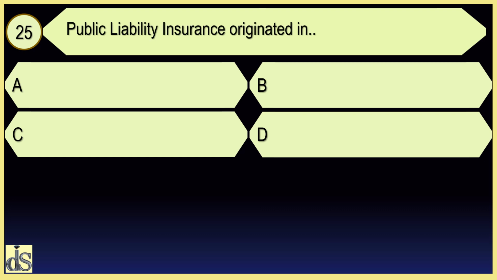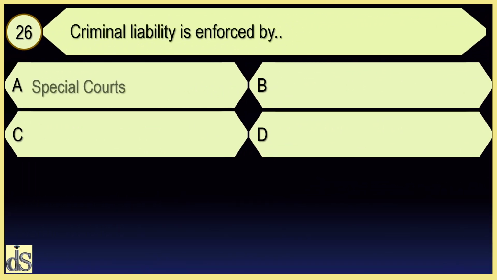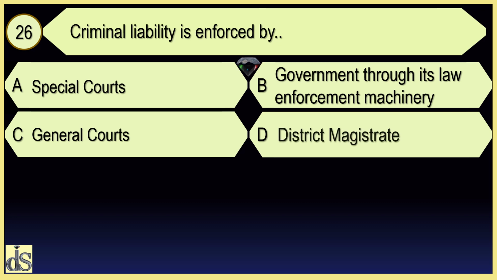Public liability insurance originated in the UK. Criminal liability is enforced by government through its law enforcement machinery.